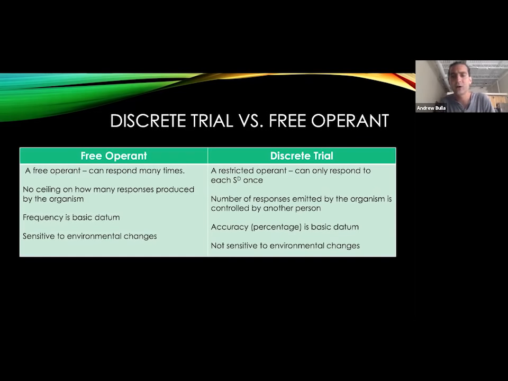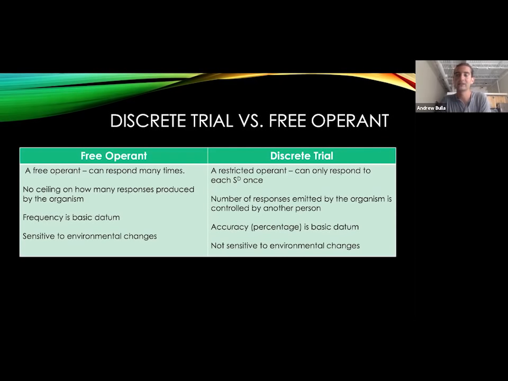And with discrete trial, we focus typically on accuracy or percentage as the basic datum. And we see that with that, there's a measurement imposed ceiling going on there. And when we have percentage, we're not going to see the sensitivity we get with frequency to environmental changes. However, with free operant, the learner can respond as many times as they can, and there's no ceiling on how many responses are produced by the individual.